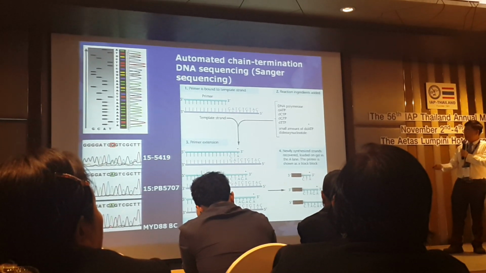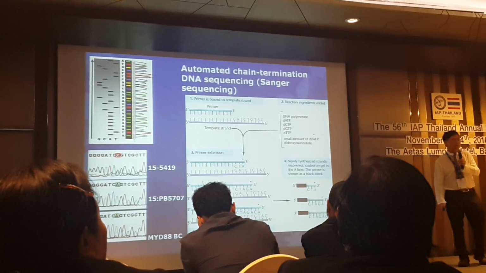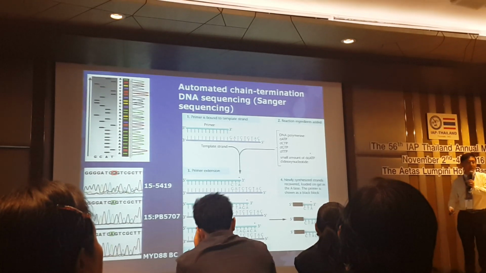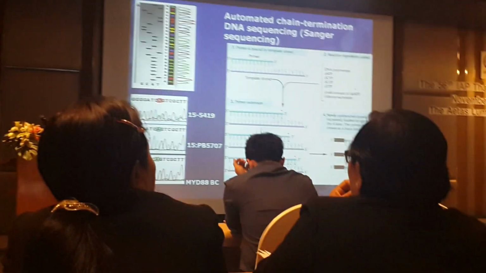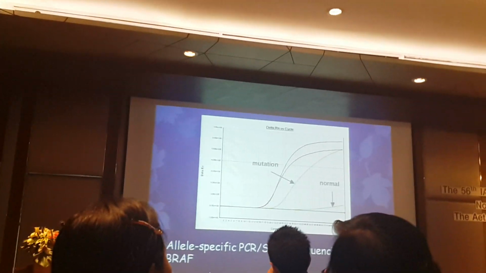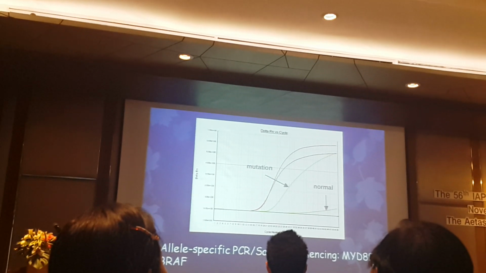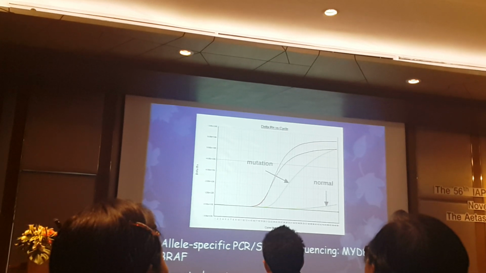Currently we use Sanger sequencing for the MYD88 mutation, which we see in lymphoplasmacytic lymphoma and in some cases of DLBCL. We use Sanger sequencing for the BRAF mutation as well. But for a single small mutation like this, it's easy to detect it using allele-specific PCR.